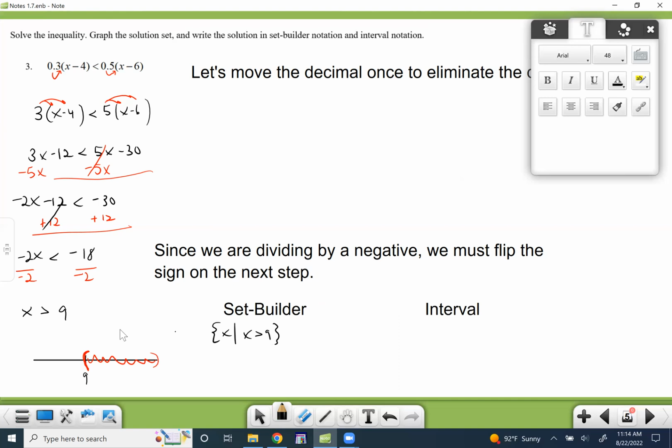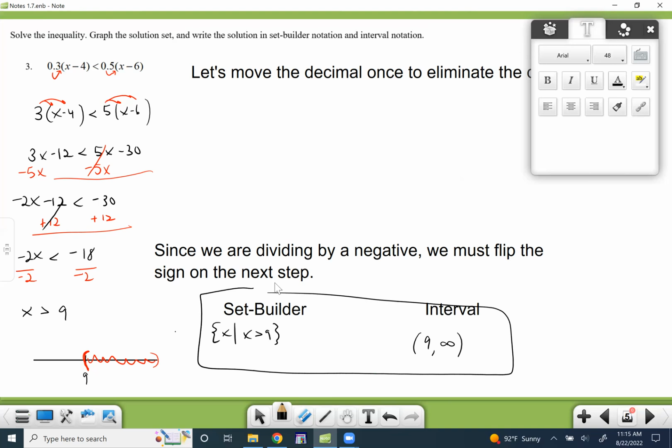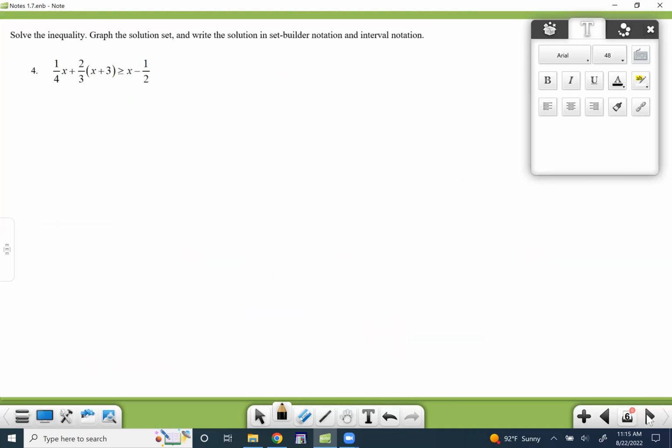The interval, we've got to look at our graph to get that, right? So the smallest that I see on the graph is 9. And it just keeps going to the right forever. So the biggest would be infinity, which I know is a parentheses. And we already know 9 is a parentheses too. We already discussed that.